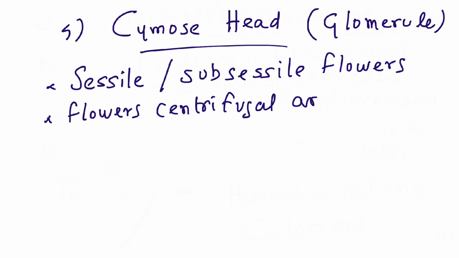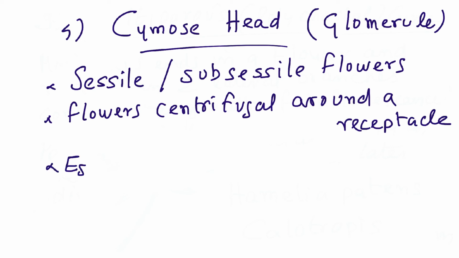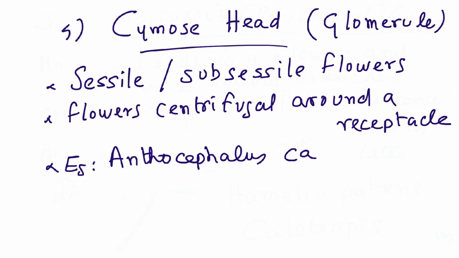The flowers develop centrifugally around a receptacle, in the sense that you have the older flowers towards the center and younger flowers at the periphery. Note the point that the peduncle has developed into a receptacle, a flattened cup-like thing.